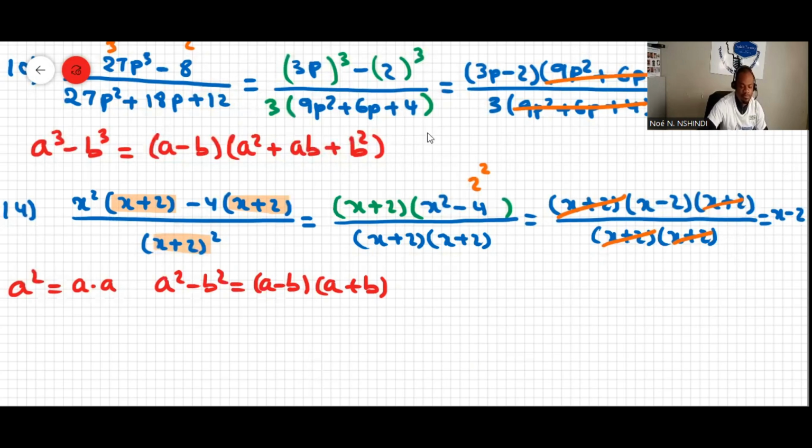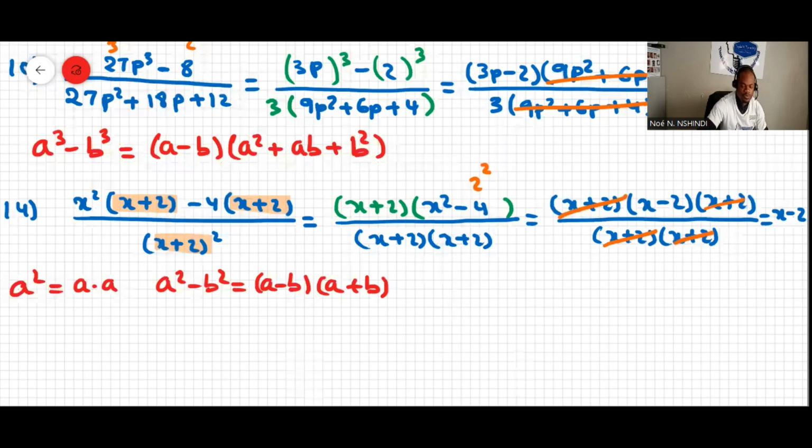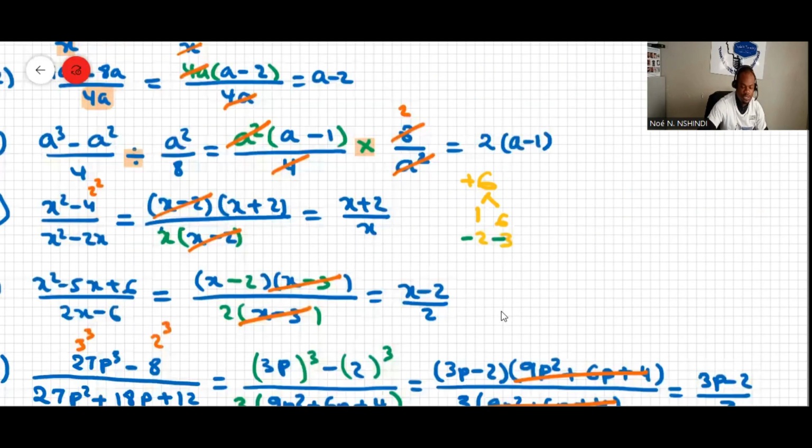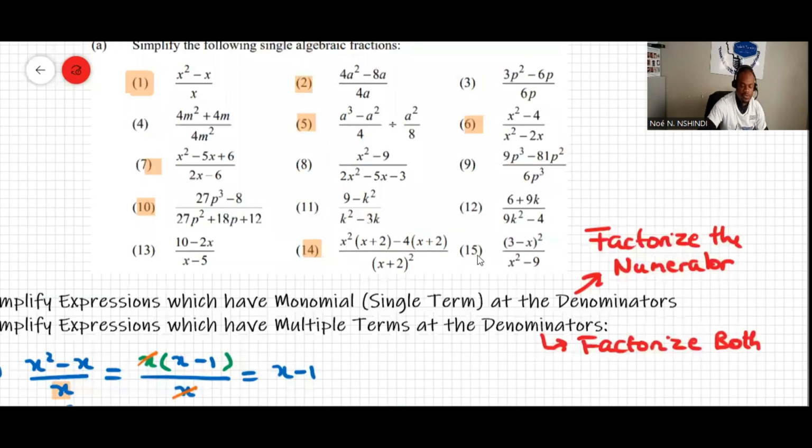Now I think I will leave question 15 also for you to practice, the last question here. You can work out this part: 3 minus x and then 3 minus x, over the denominator x minus 3 and x minus 3.